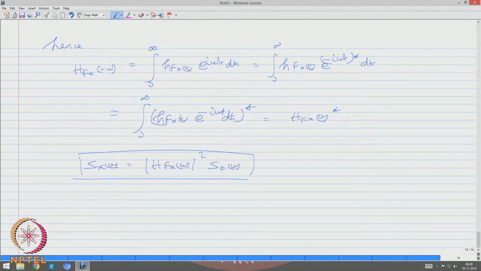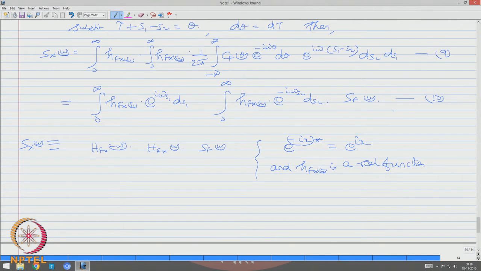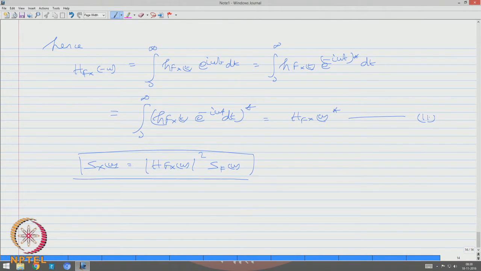We call this equation number 11. So, there is one important comment about equation 11.